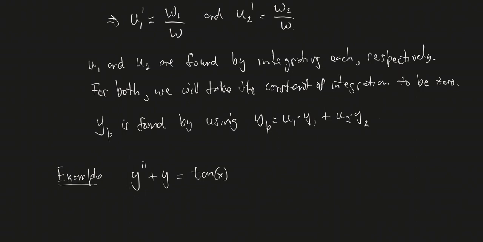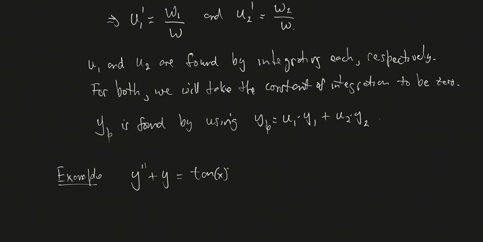So it's not quite easy. If we think of our differential operator, what would we put into it to get tangent as the output? Not such an easy problem to come up with an educated guess for this y sub p. And this is a perfect example of why the method of variation of parameters is so much more powerful than undetermined coefficients.